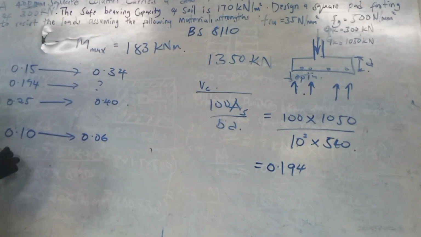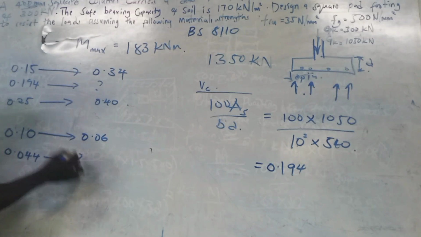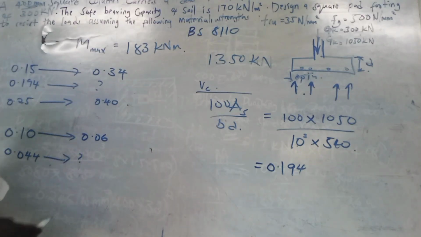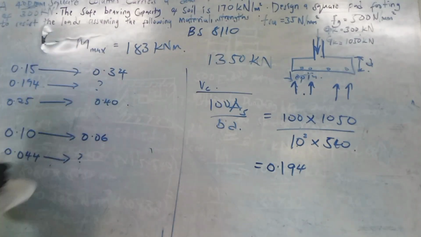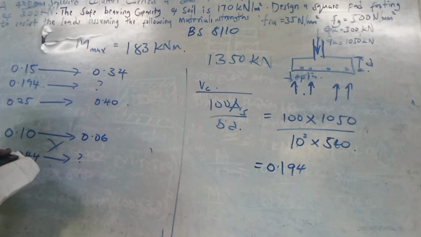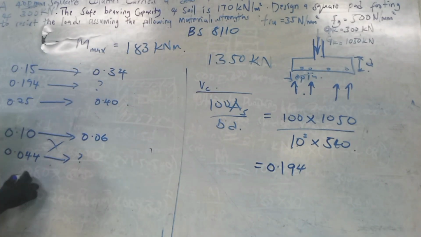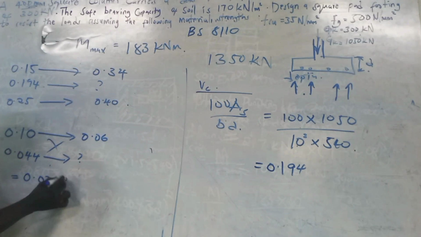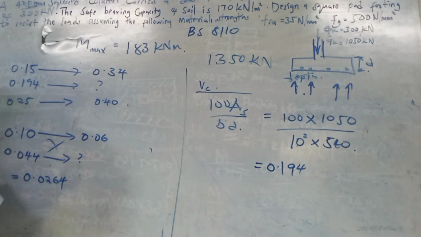That one gives you 0.044. So you can cross multiply: 0.044 multiplied by 0.06, divided by 0.1, is likely to give you 0.0264, like so.